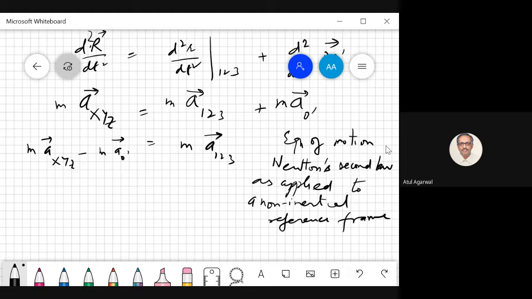So it's a linearly accelerating reference frame. So this is the acceleration of the reference frame.